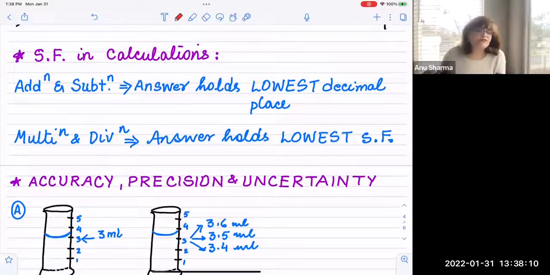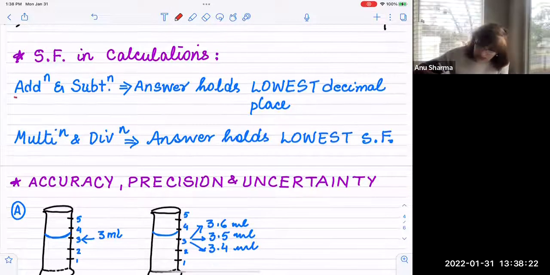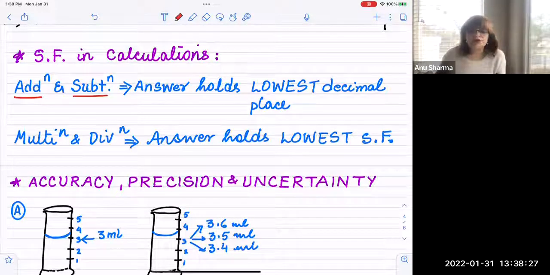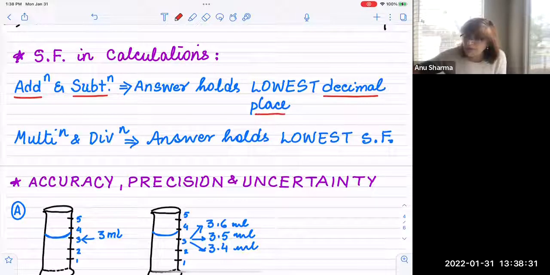Next is significant figures in calculations. When you're doing these calculations, trying to figure out your final answer to the exact number of significant figures, if you're adding or subtracting, whatever numbers you are using, you are going to count the decimal places. The number that has the lowest decimal place influences the final answer.